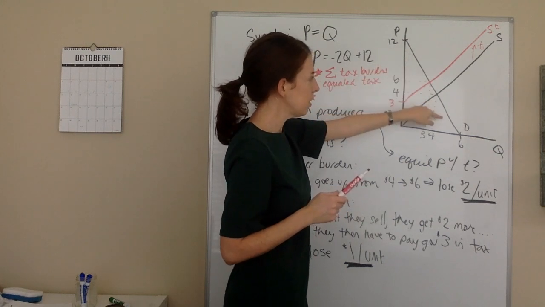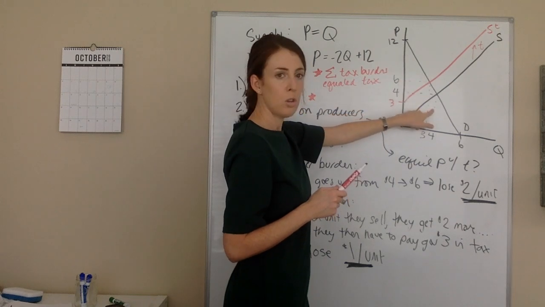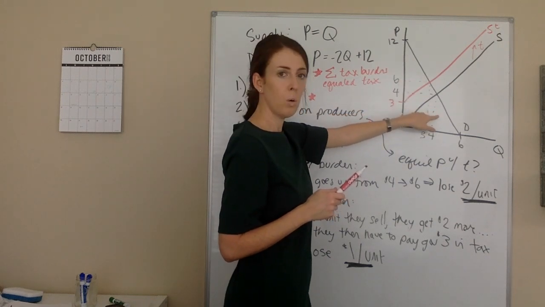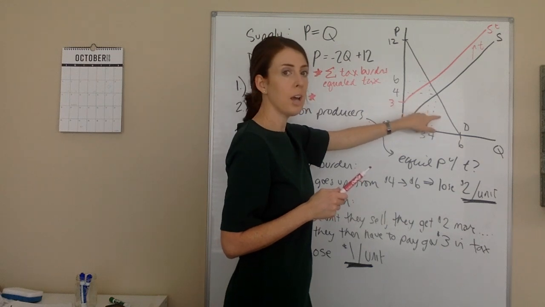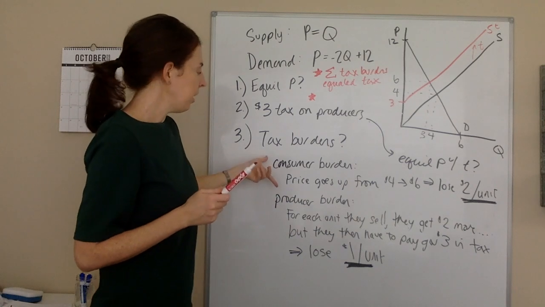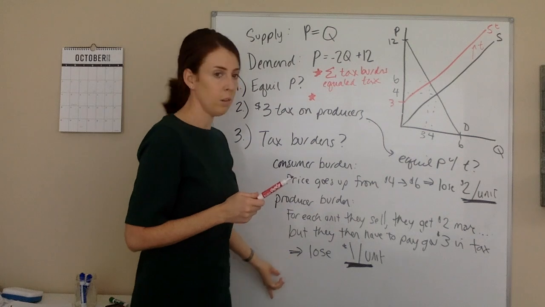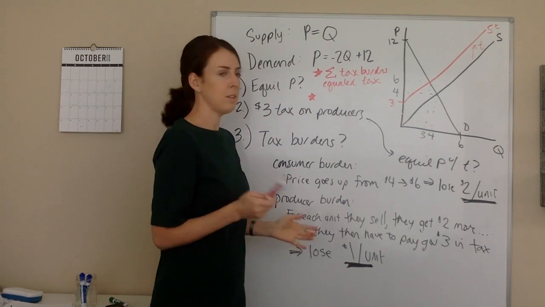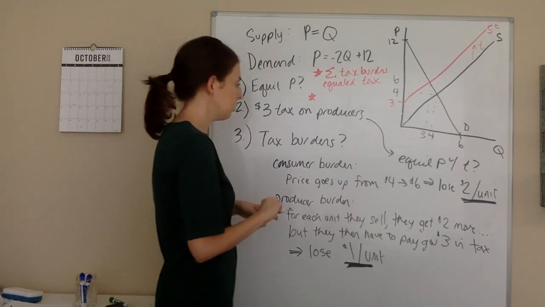So in this market, the demand is more inelastic because it's steeper. So the feature said because the demand is relatively more inelastic than the supply, the consumer should have a bigger tax burden. Okay, check. So the consumer tax burden is 2, whereas the producer tax burden is only 1. So this is a demonstration that the feature holds.